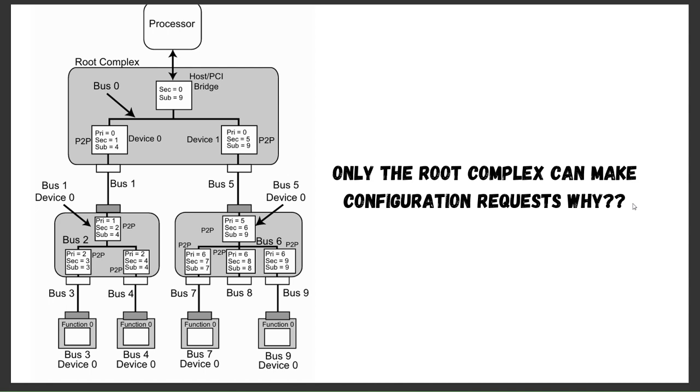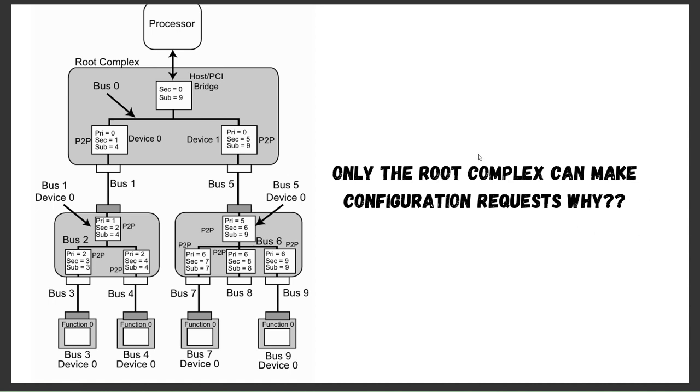Why only the root complex? Because allowing other devices to change the configuration could create chaos. Imagine if every device could start changing things without permission, it would lead to conflicts. So only the root complex has special permissions.